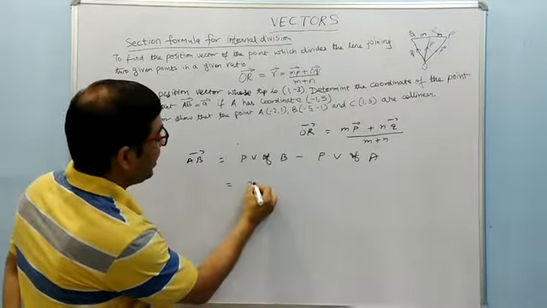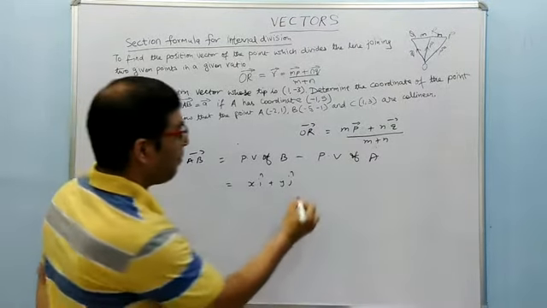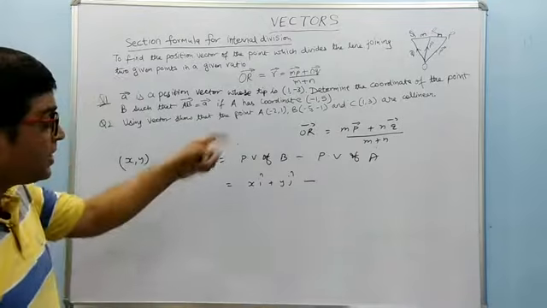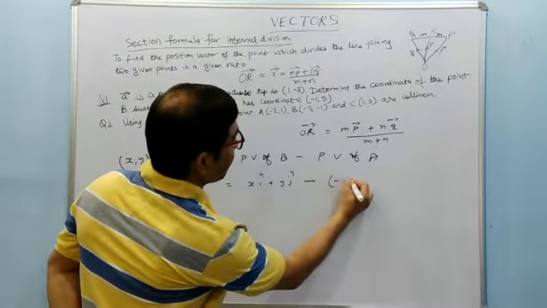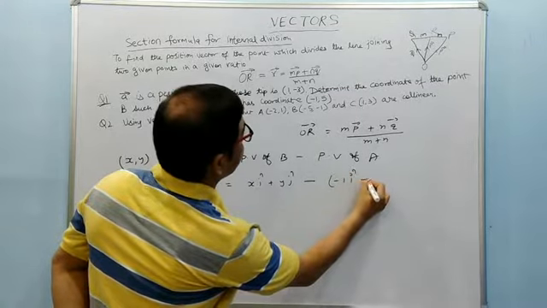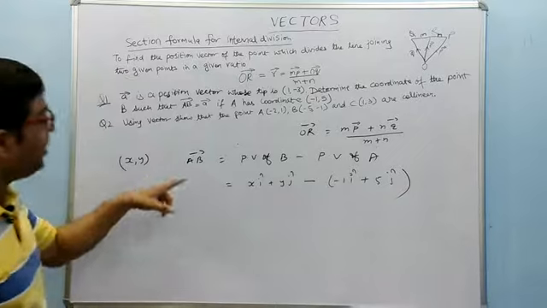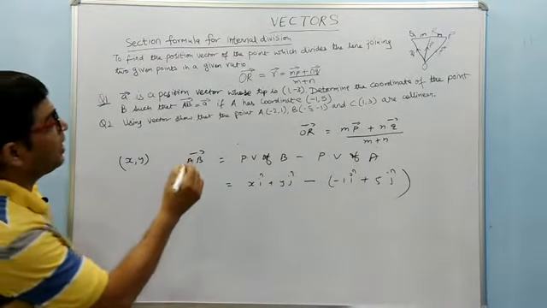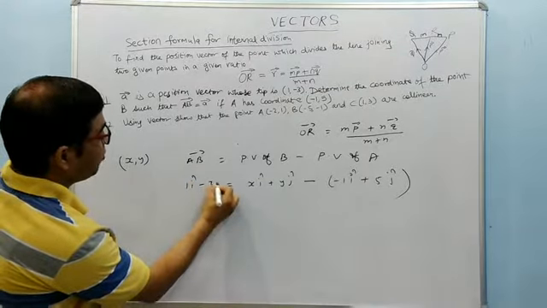So what is that? xi plus yj cap minus position vector of A which is given. What is that? Minus 1i plus 5j. And vector AB is also given. What is that? That is 1i minus 3j.